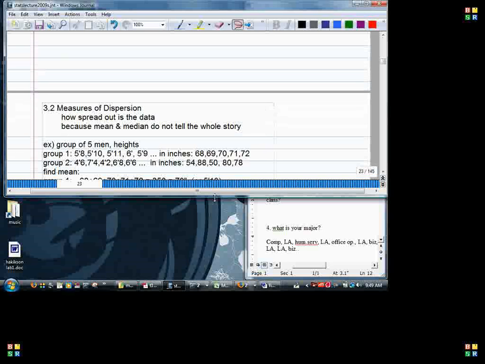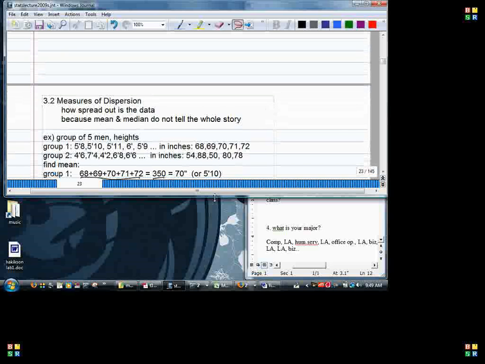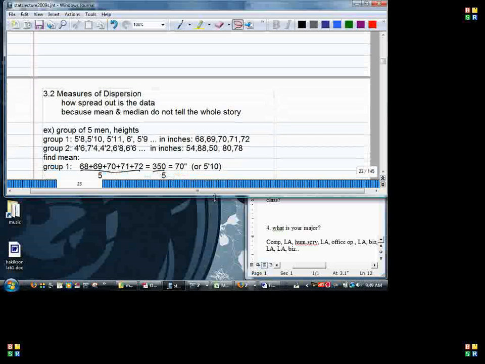So let's find the mean. What is the mean for group 1? Can you tell, looking at group 1, what the mean is approximately? Not just around 70, it's exactly 70, which is 5'10". Now what about group 2?